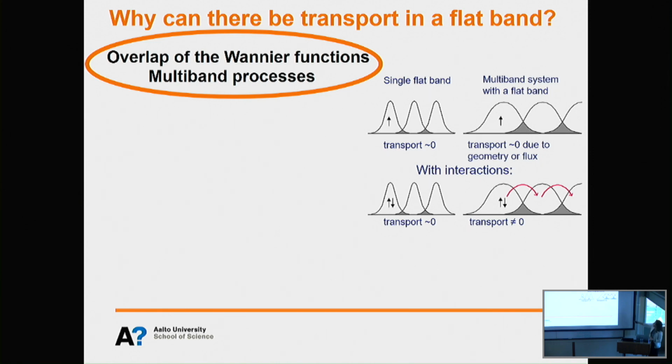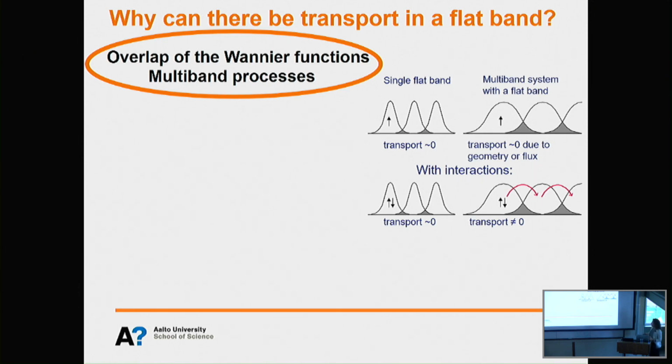That would be like a single band system. You don't have overlap of the Wannier functions, and nothing moves. Okay, then if you have a multiband system with a flat band, you can have large overlap of the Wannier functions, but particles don't move simply because of these interference effects of wave functions.